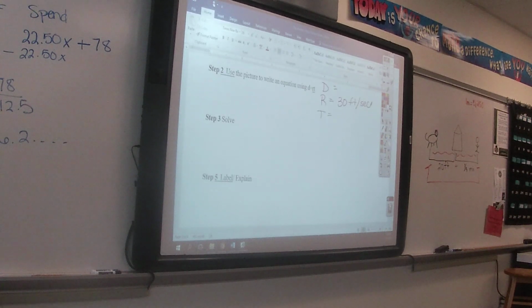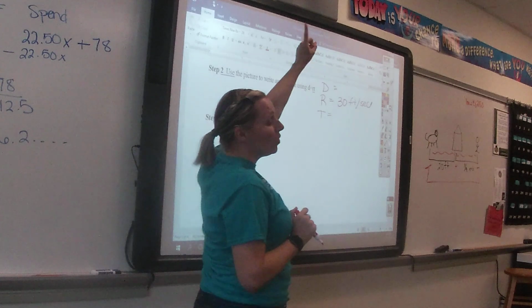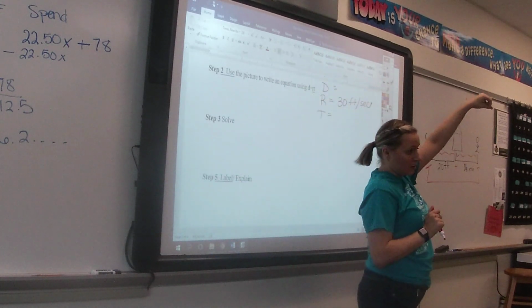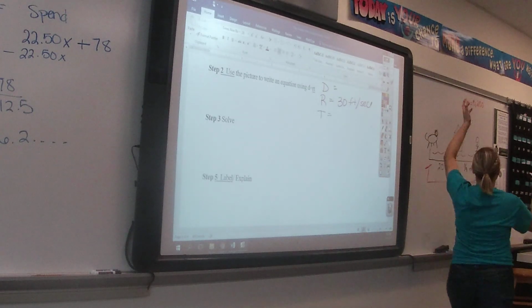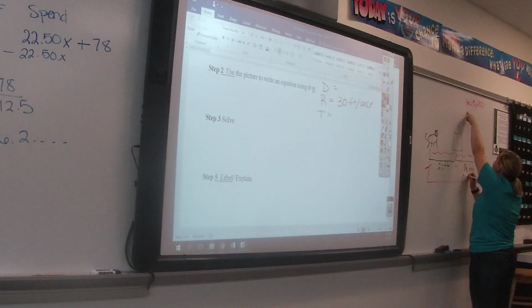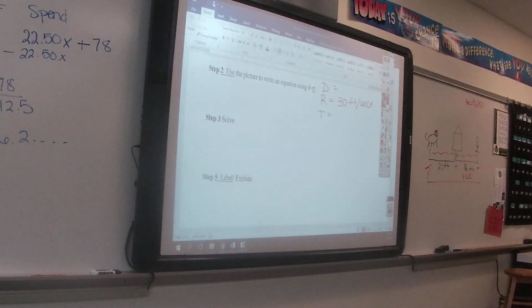So 1 mile is 5,280 feet, but Midna only has to go 1/4 of a mile. So what are we going to have to do with that? Divide by 4 or multiply by 1/4. So if we divide by 4, that's going to be 1,320 feet. Yeah, I did 5,280 divided by 4, or multiply times 1/4.